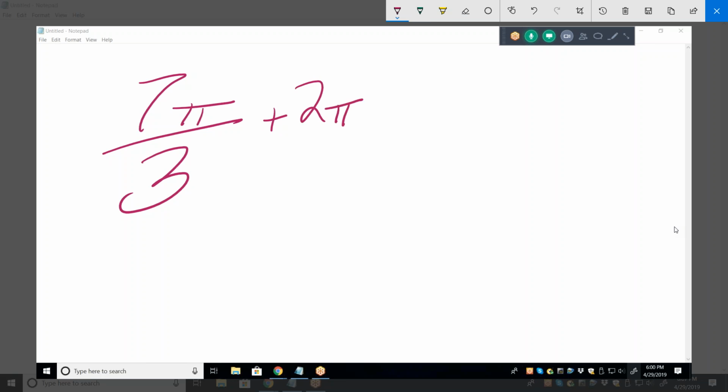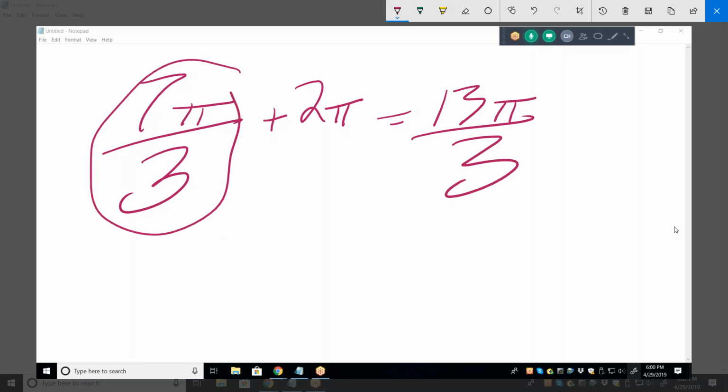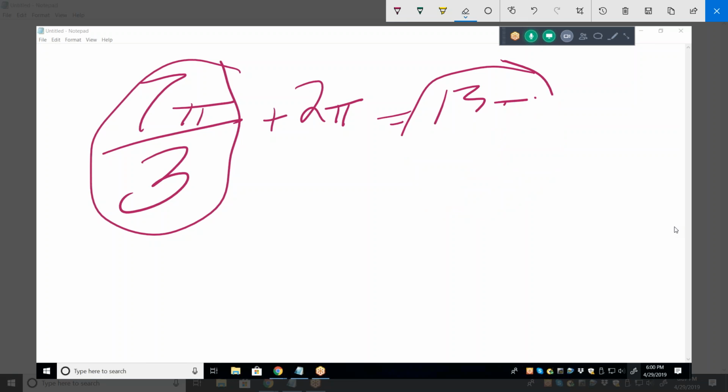Well, that's 6 pi over 3, so that's 13 pi over 3. In other words, all your trig functions of that are going to be exactly the same. It's not necessarily the same angle, but the trig functions are always the same. Now, normally what you want to do is take these angles that are outside of the unit circle and bring them in, so you subtract 2 pi, which gives you pi over 3.